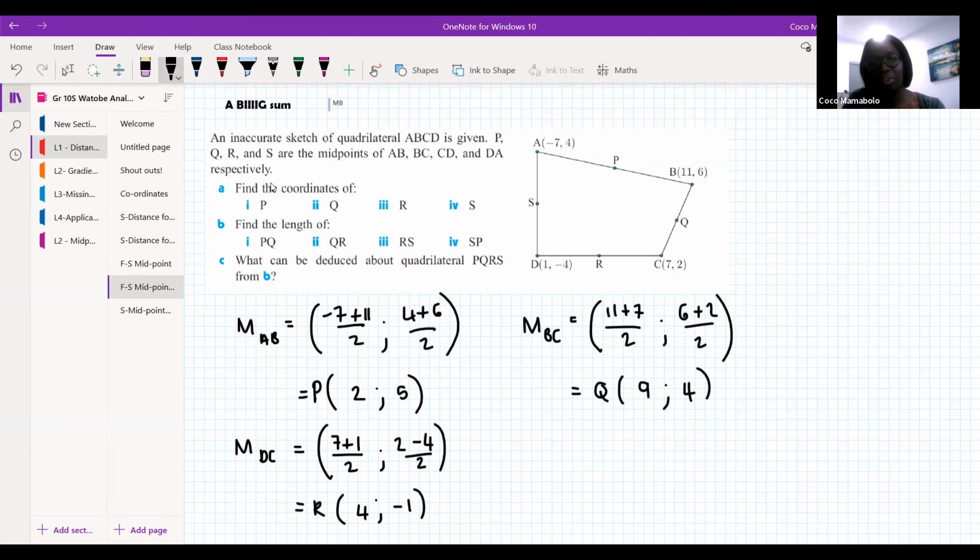And I want someone to give me the midpoint of AD, please. Give me the answer for the midpoint of AD. Okay. I'm seeing that S, or the midpoint of AD, is -3 and 0. I'm going to confirm that. I want to see if it's actually correct.